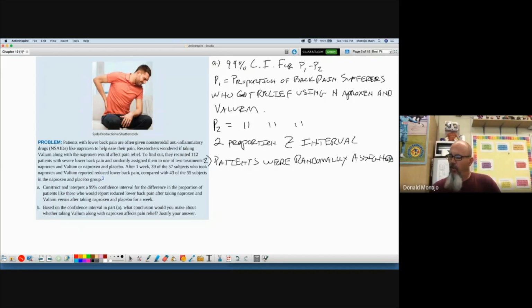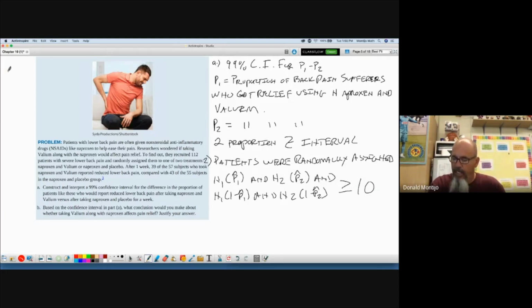Well, if it's normal, then n1 times p hat 1, n2 times p hat 2, n1 times 1 minus p hat 1, and n2 times 1 minus p hat 2 all have to be greater than or equal to 10 if it's normal.